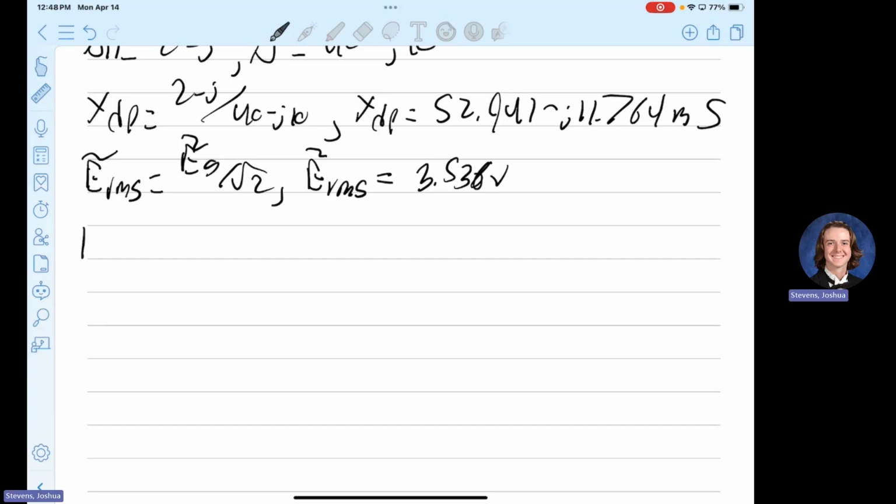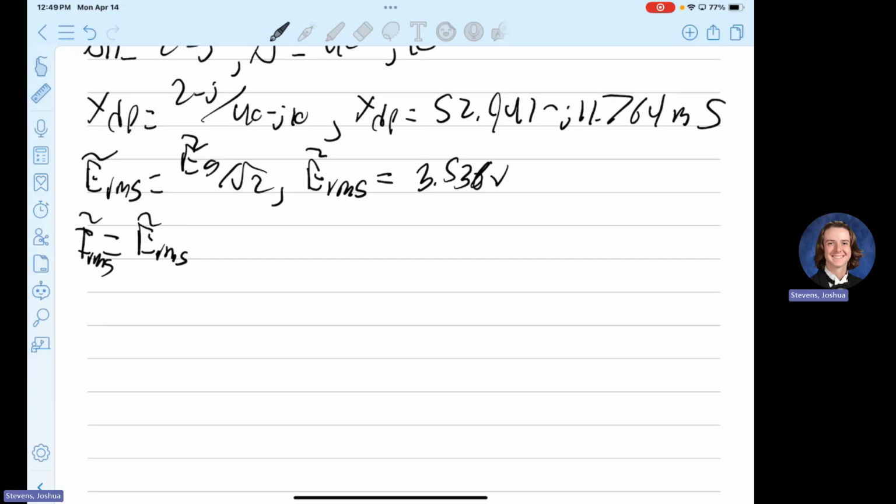Exactly. So I RMS equals E RMS. What's the relationship? What do we do with that YDP? Do we multiply it? Do we add it? Do we divide it? Do we subtract it? Multiply? Does anybody agree or disagree?